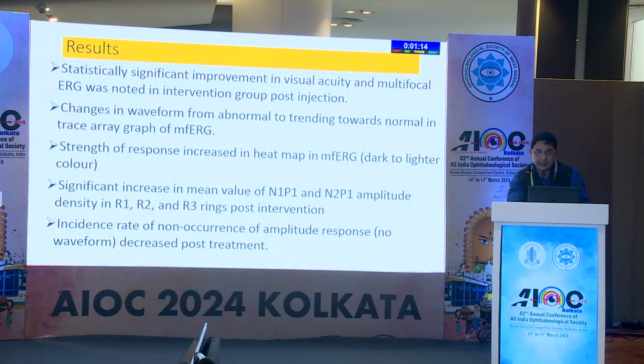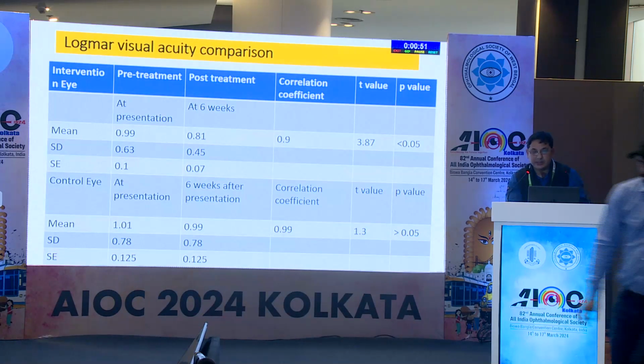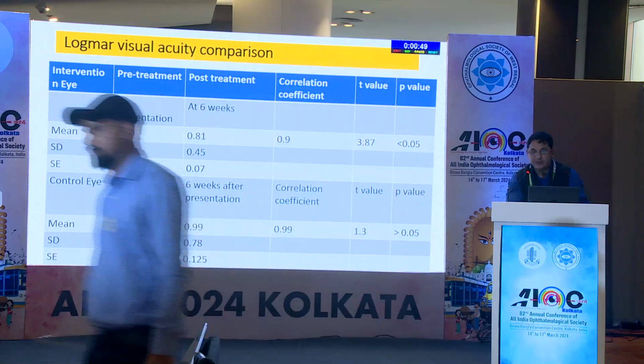There was significant increase in the amplitude density in all the three rings, namely for N1P1 and N2P2. And in those cases where there was no amplitude density seen pre-intervention, amplitude density started appearing post-intervention.